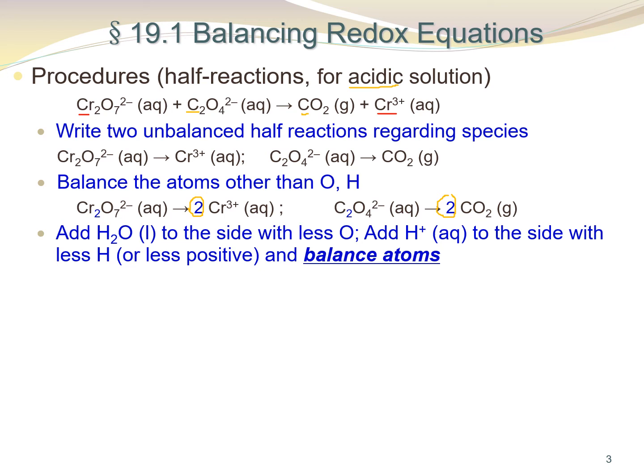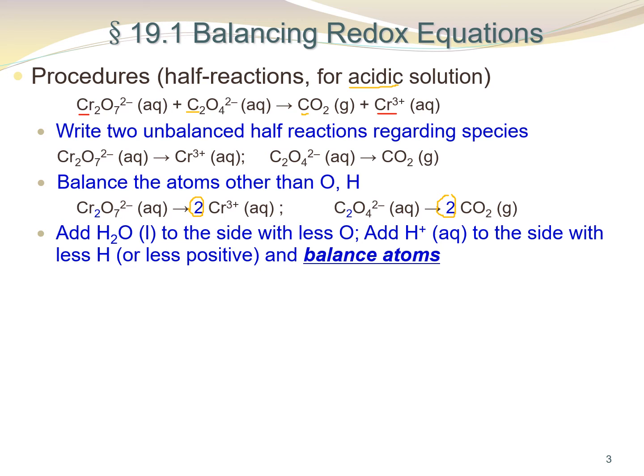And H plus reacts with OH minus to form water, right? In other words, H plus is going to react with oxygen to form water. That's the reason why we're going to add water on the other side. So here comes the procedure. We are going to add water to the side with the less oxygen.